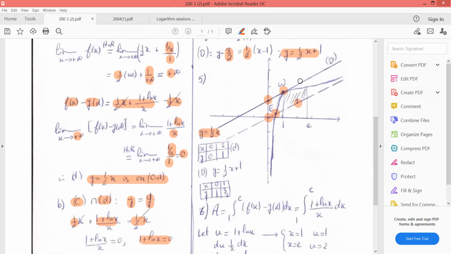Now we have not drawn the table of variation, but we know that the function is strictly increasing. So in the table of variation, everything is positive.